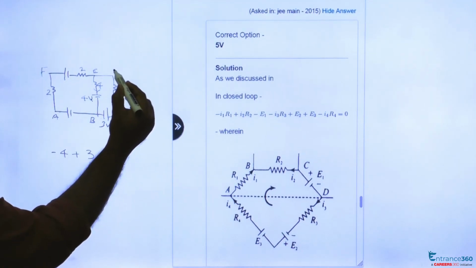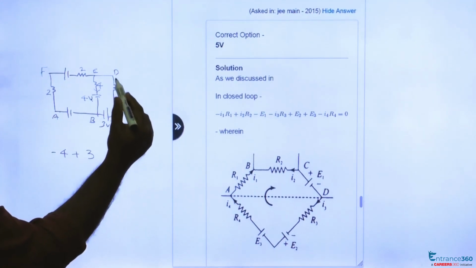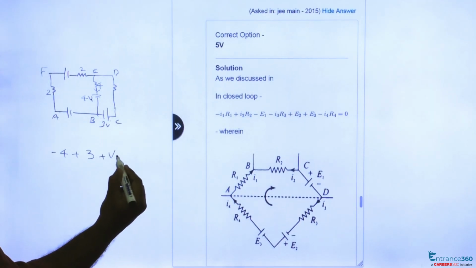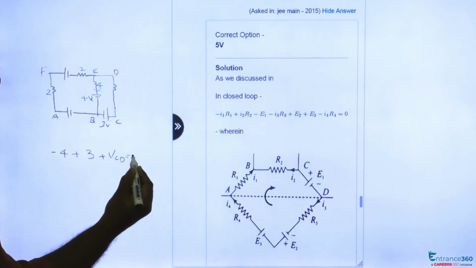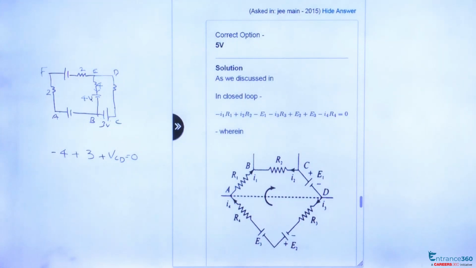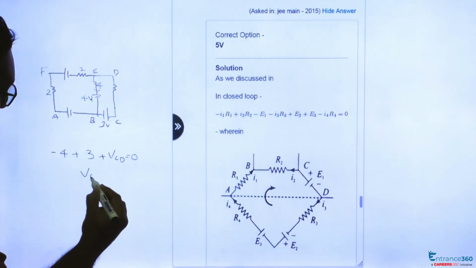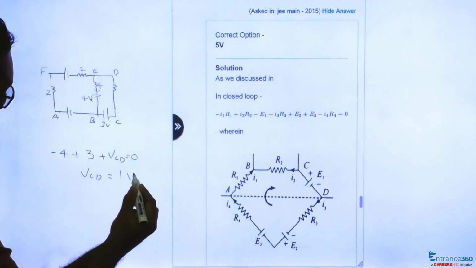Let's say this voltage across C and D is VCD, plus VCD equal to 0. From here you will get VCD equal to 1 volt.